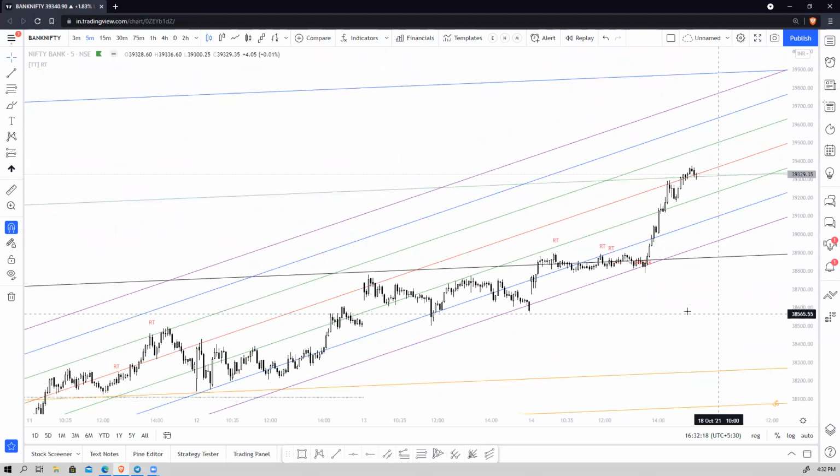But I did inform clearly yesterday that there is a range that Bank Nifty could be in until 1 o'clock or something, or the whole day. Yes, as expected, the whole day until 1:30. I did say to wait until 1 o'clock in the beginning of the day, and absolutely at 1:30, you started to see this whole move. Okay, so now how to trade RT?